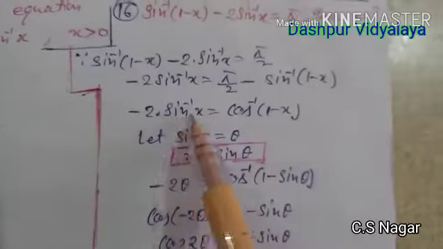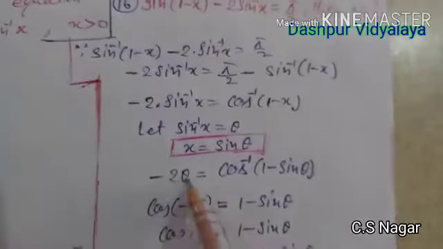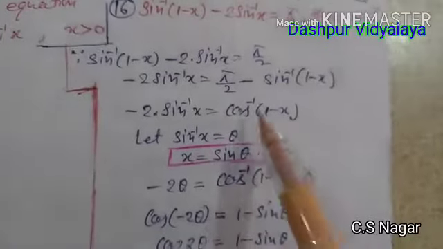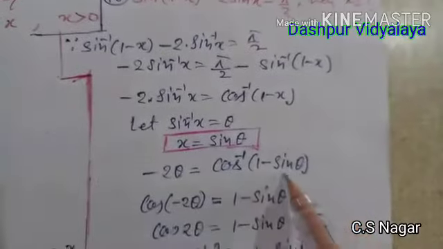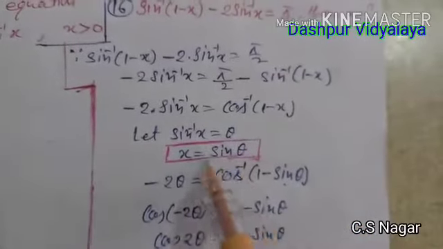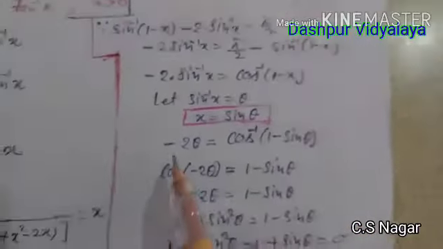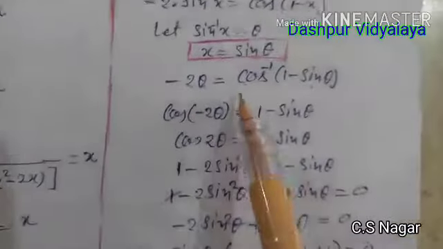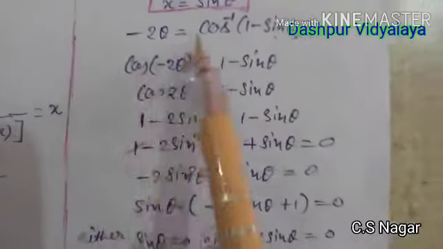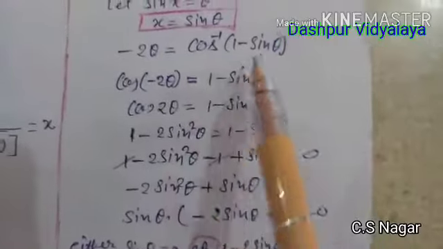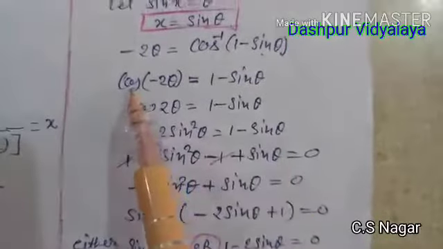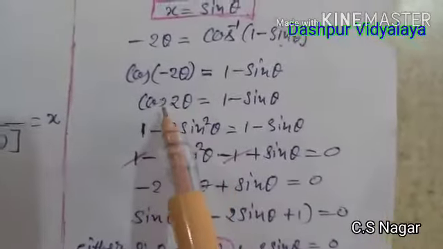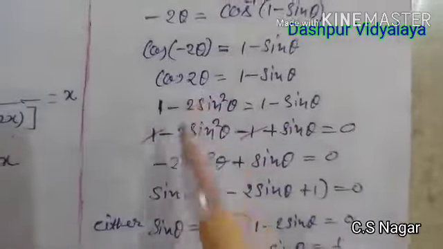Now this is theta, so minus 2 theta equals cos inverse 1 minus x, where x is sin theta. Now this cos inverse transfers to the left side, so cos of minus 2 theta equals 1 minus sin theta, and cos of minus theta is always positive, so it will be only cos 2 theta.